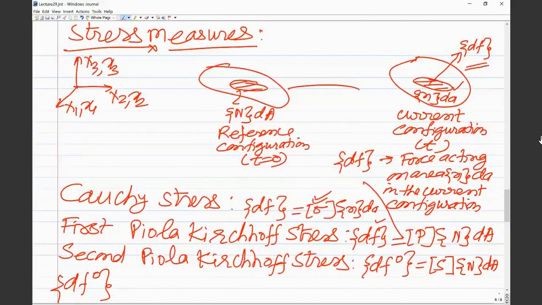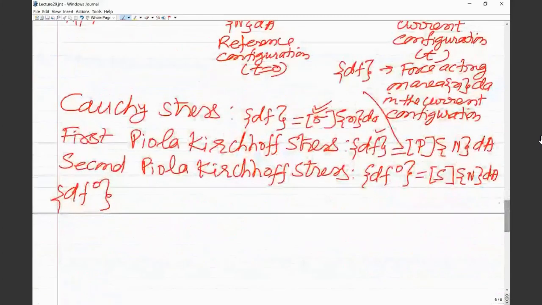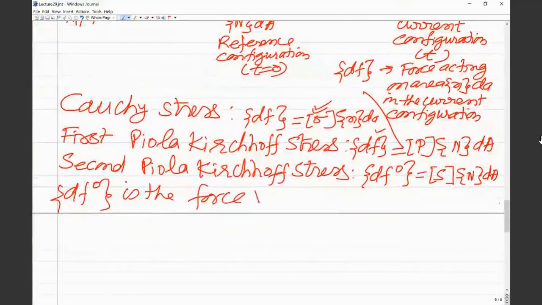Now df naught I'm going to define, so I'm going to write that. df naught is the force vector referred to the reference configuration.